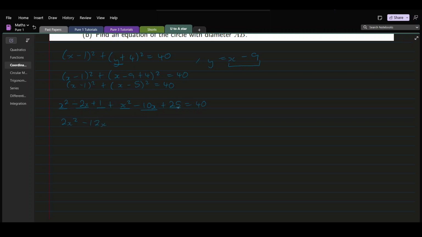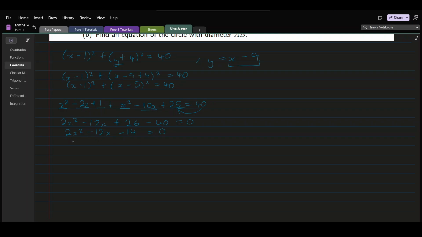Then 1 plus 25, that's plus 26. Let's move this 40 to the left hand side, so it becomes minus 40, and this is equal to 0. So that becomes 2x squared minus 12x, 26 minus 40, that's minus 14, is equal to 0.